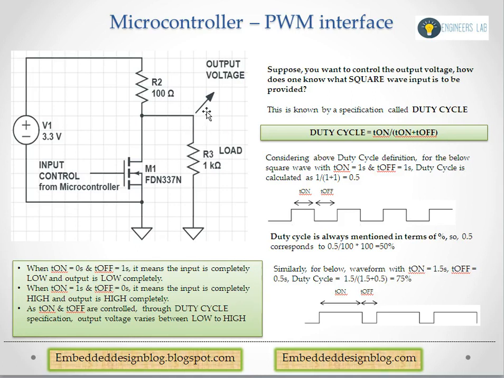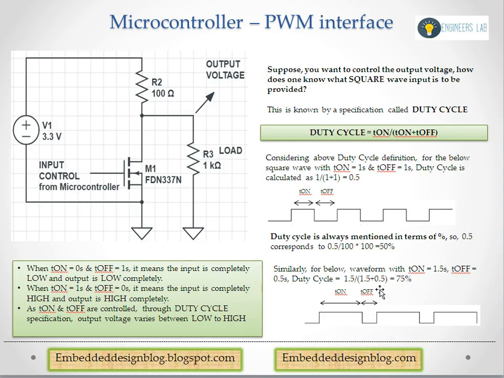The important terminology, or specification we should say, is duty cycle, where duty cycle is defined as on time of the square waveform divided by on plus off time for a given time period. So that is the duty cycle definition. If you see the square wave pulse here, if the on time is 1 second and off time is 1 second, the duty cycle is 0.5.